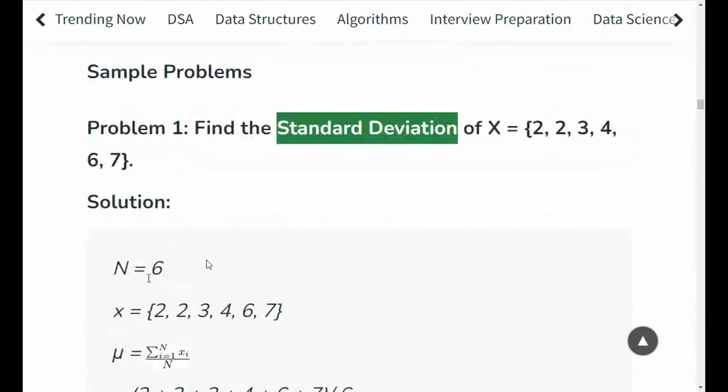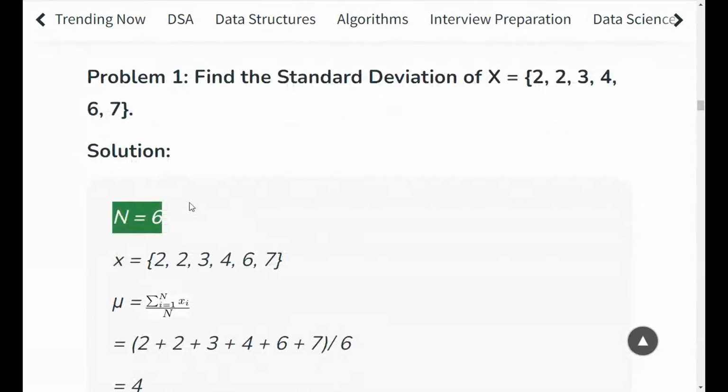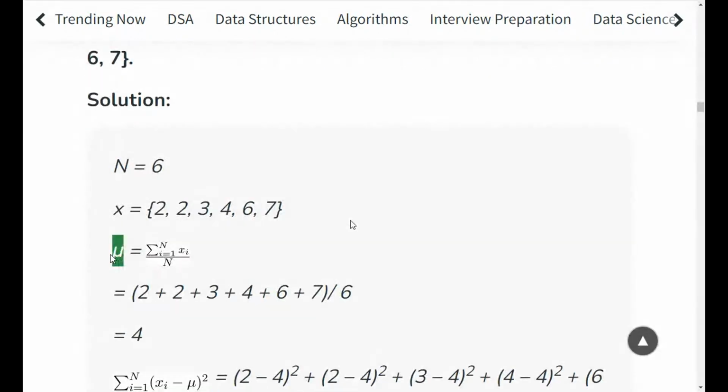Now, what is n? 1, 2, 3, 4, 5, 6. 6 will be my n. This is my number of observations. Then x is this one, having the same numbers.